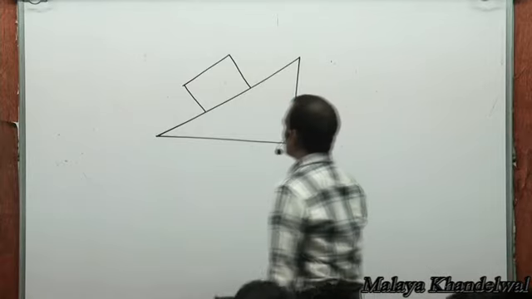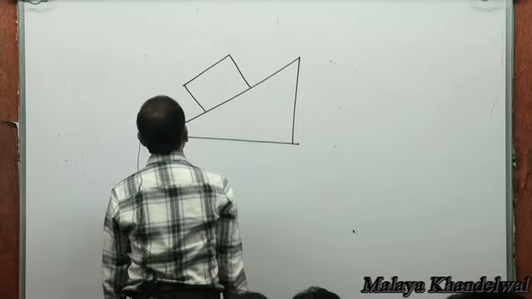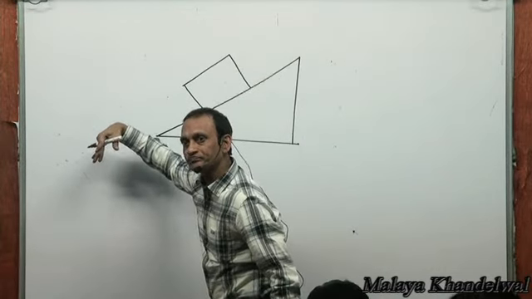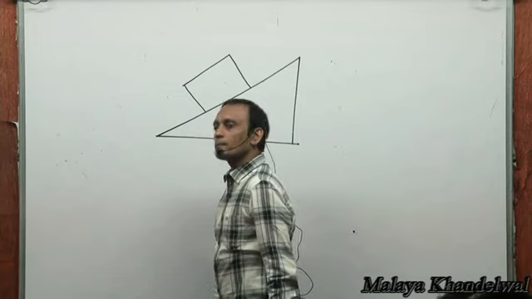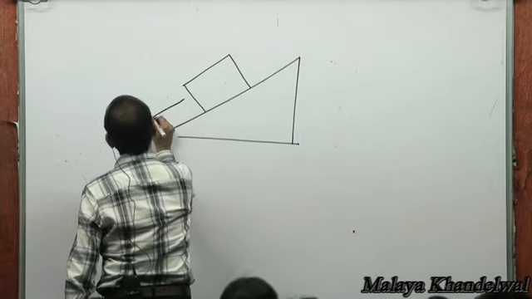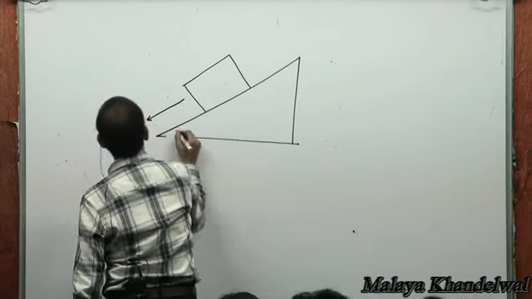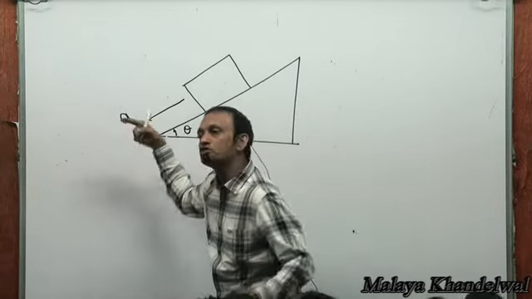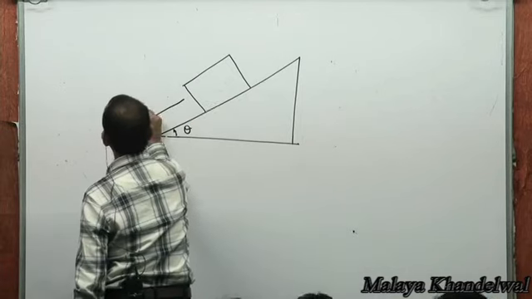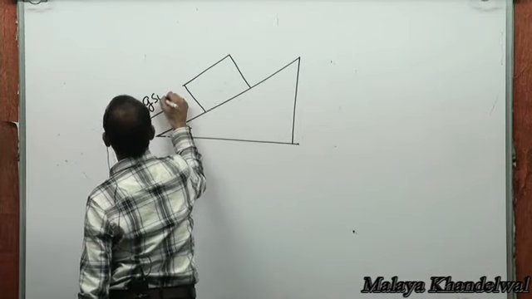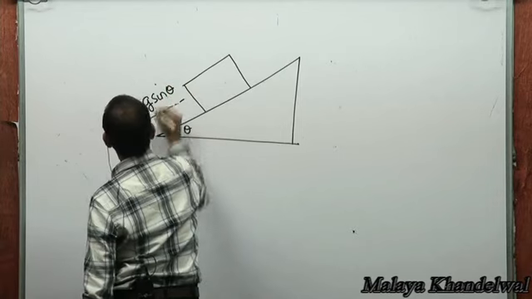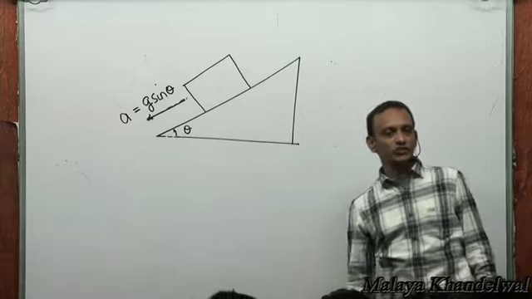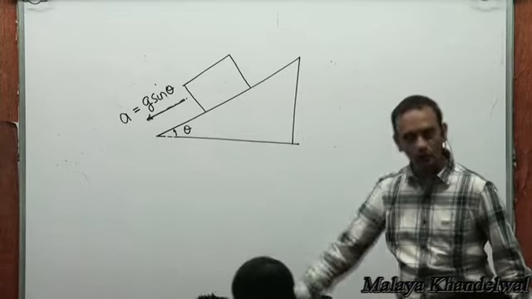And it was freely moving down. If it freely moves down, then the trolley will have an acceleration. Suppose this angle is theta. Then what would be the acceleration of the trolley? G sine theta would be the acceleration of the trolley if it were to be freely moving down.